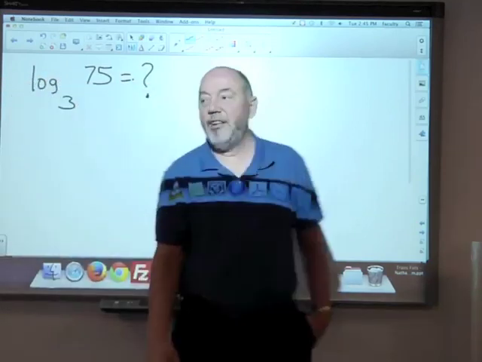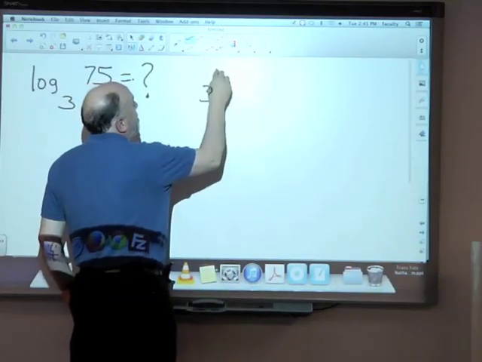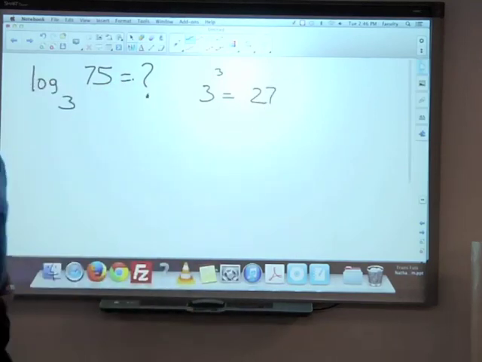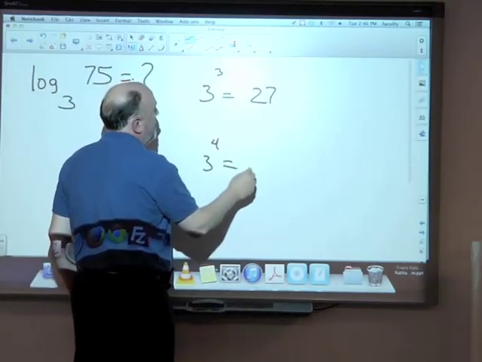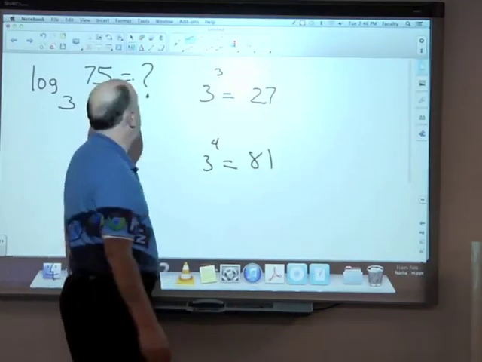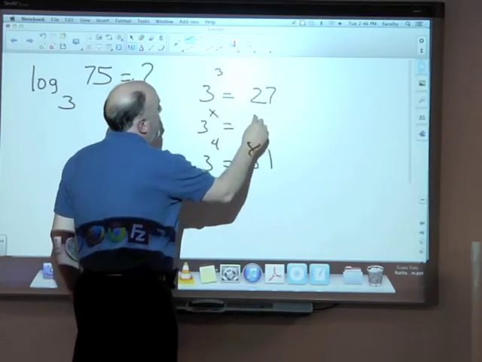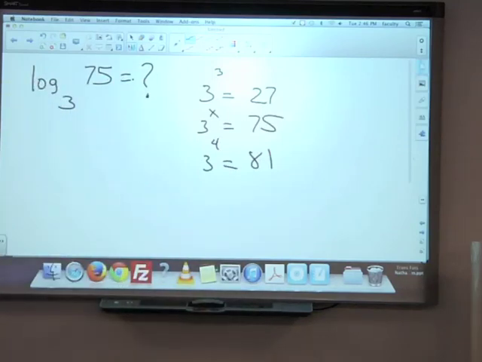Well, I know that 3 to the third power is 27. I know that 3 to the fourth power is 81. And so 3 to some power is going to be 75. After all, logarithms tell you exponents. So I know my number is going to be somewhere in between 3 and 4.